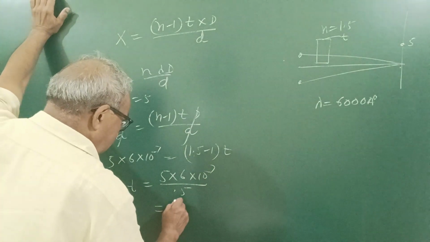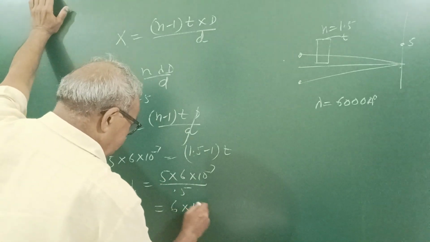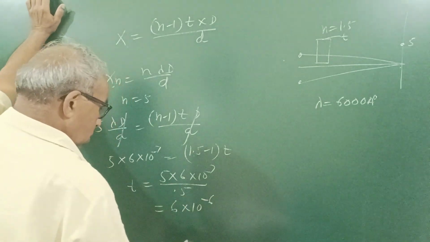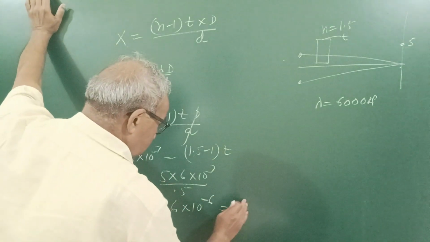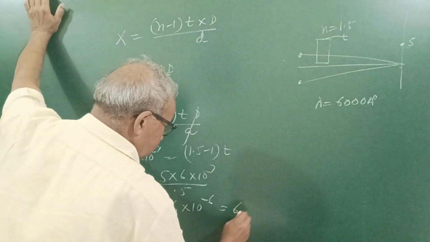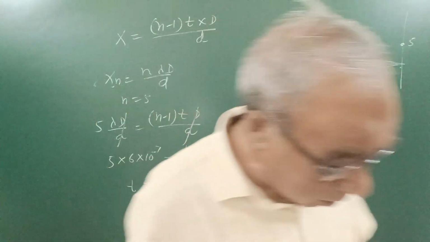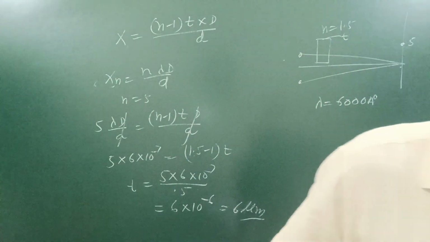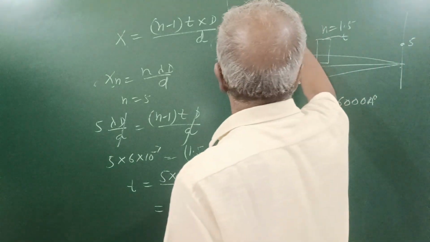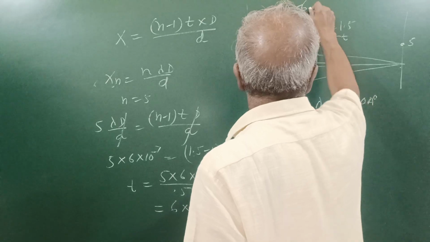So it will be actually 6 into 10 to the power minus 6 only. That is 6 micron. Actually 6 micrometer. The answers are given there as 6 mu, 7 mu. Actually mu means micron, 10 to the power minus 6 meter.